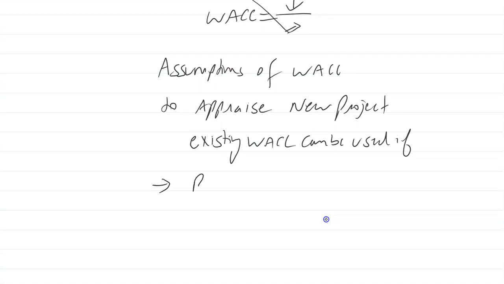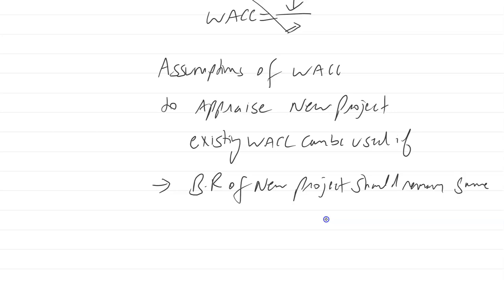The base risk of the new project should remain the same. That means the nature of the new business should be the same. Next is that the financial risk of the new project should remain the same. That means the gearing of the new project should be exactly the same as the gearing of the business. If that is the case, you can use the existing WACC to appraise a new project.